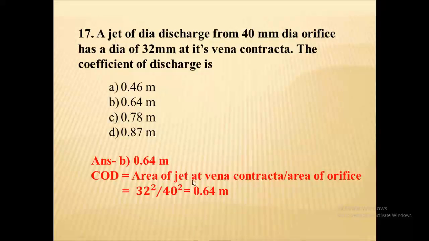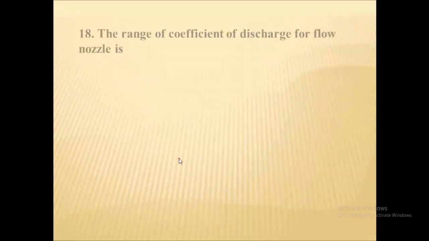Diameter of jet at vena contracta is 32 mm, so 32 square divided by area of orifice, that means the diameter at orifice will be 40, so 40 square. Solving this will get 0.64 as the coefficient of discharge.